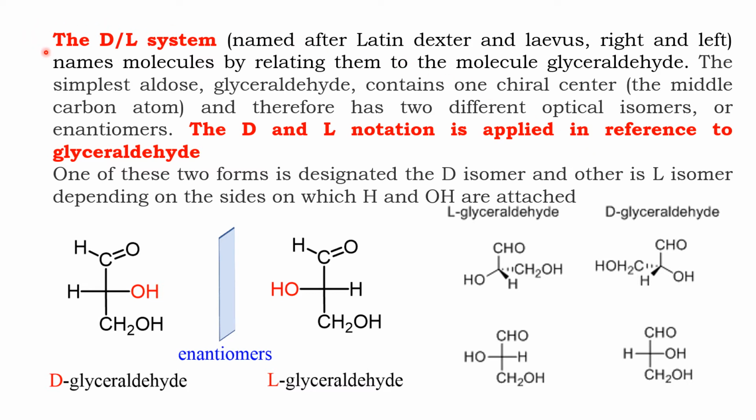The D and L system is a relative configuration. That means the D and L system has a sample or reference. Taking that reference molecule and its arrangement, we compare all other molecules with this standard molecule, and we assign whether the molecule is D configuration or L configuration.